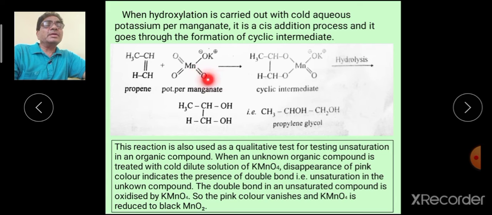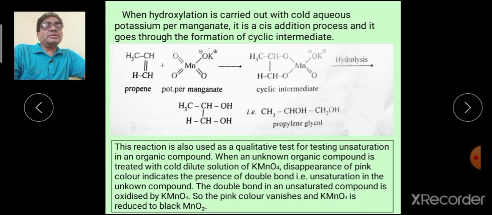This cyclic intermediate is formed first, which on hydrolysis gives the compound containing diol, that is two OH, propylene glycol, due to which we get 1,2-diol.